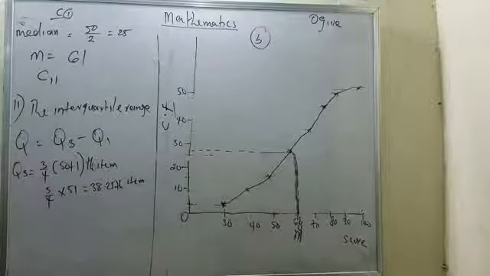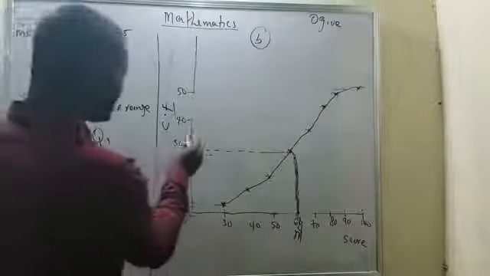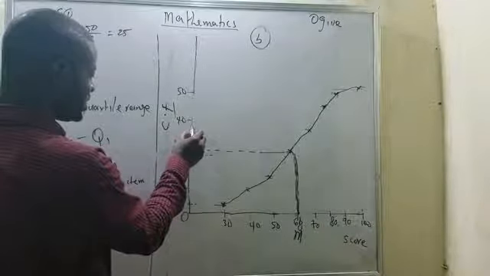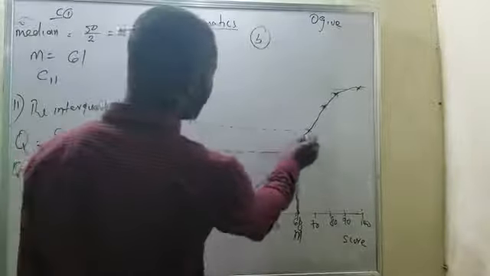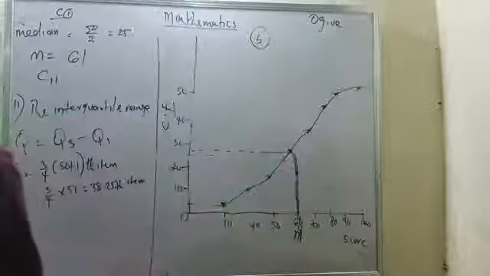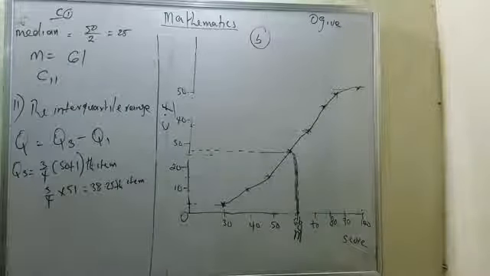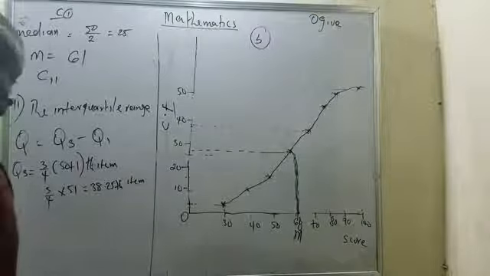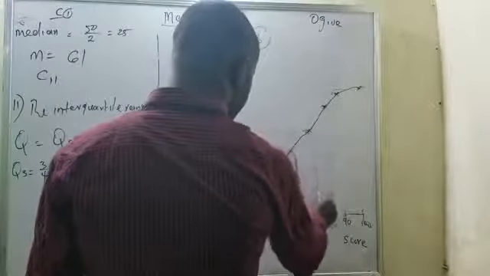Now, I will come here to locate my Q3. Now, 38.5. You will come and draw it down like this. Now, 0.5, it will come down to another place, it will be like this.